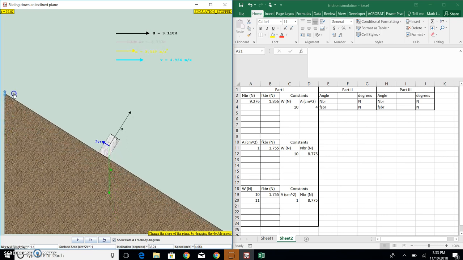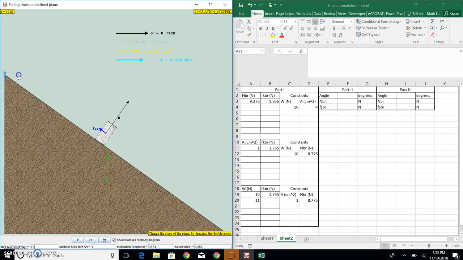Excuse me, up. 8.775, and I can fine tune the angle here. Let's see. There we go. So I had to put in an angle of 35.51, and so now I can go ahead and play it and figure out what my friction force is.